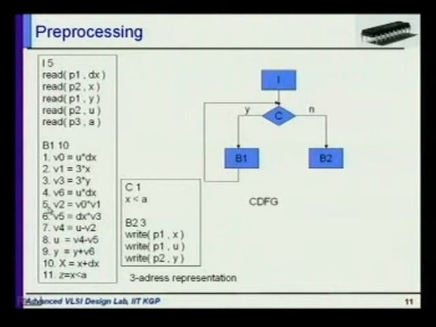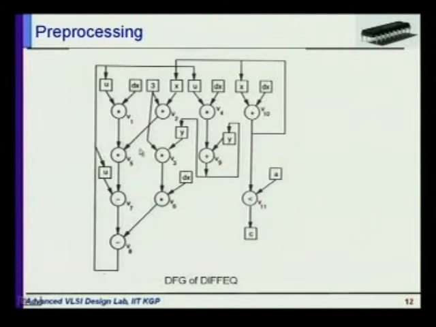That means operation number 5 depends on operation 1 and operation 2, and this type of dependency is represented by the data flow graph. If some operation depends on some other operation, there should be a directed edge from those nodes, and so on. By that way you will represent the data dependency among these operations.